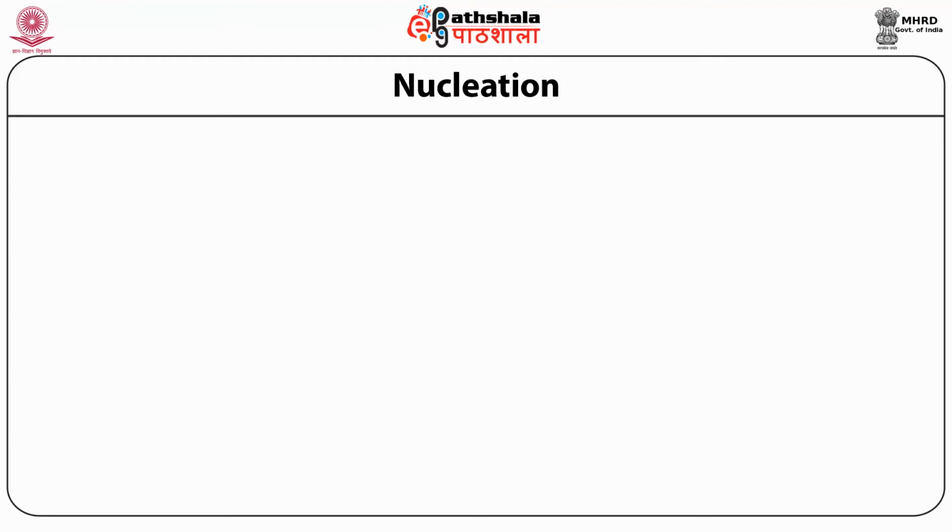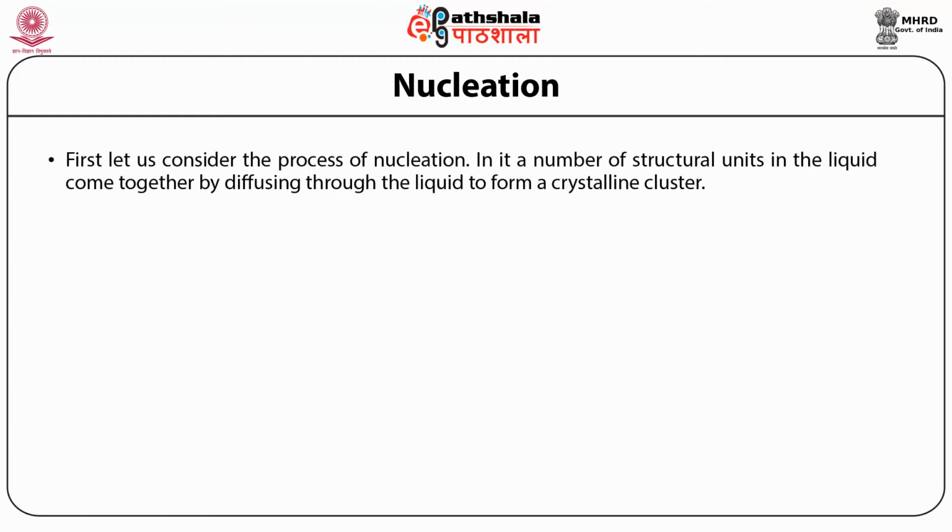So first we will be discussing nucleation. Let us consider the process of nucleation. In it, a number of structural units in the liquid come together by diffusing through the liquid to form a crystalline structure. This structure is called an embryo.